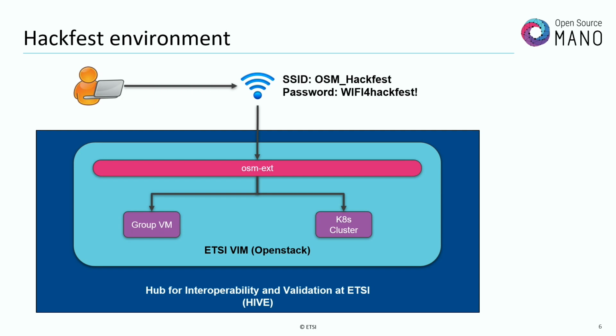So here we are in our Hackfest environment. You're going to get a VM with OSM already installed in it. Here we are coming through this OSM Hackfest Wi-Fi, and it drops us right onto this network inside of the ETSI infrastructure that we call OSM Next.